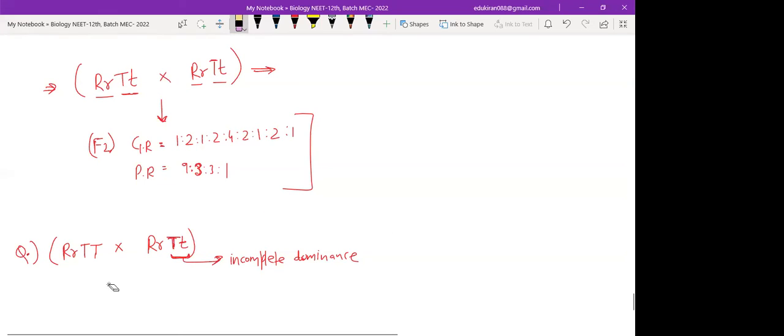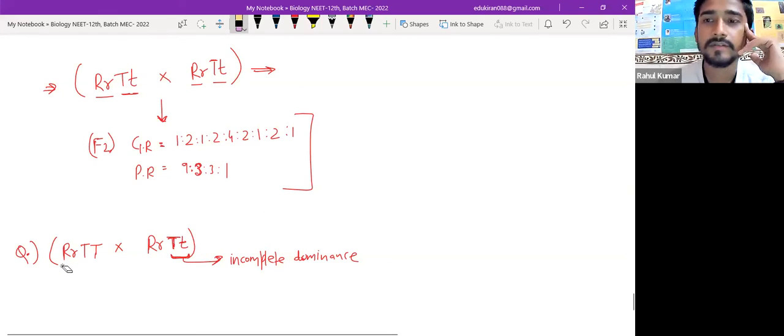So the question is written. Hybrid round with pure tall is crossed with hybrid round and a medium plant, incomplete dominance.